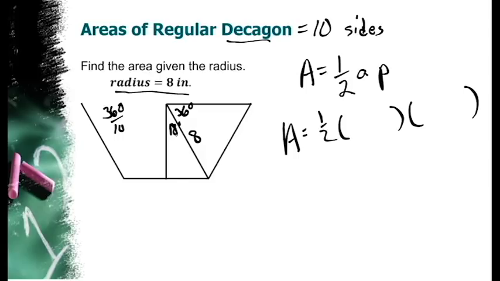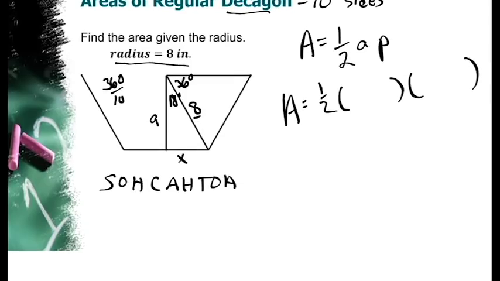So we have our 18-degree angle. This is our hypotenuse, the 8. We're going to need our opposite side here and our adjacent side. That means we're going to have to use trig twice. So we're going to throw down SOHCAHTOA just for a reference of our trig functions.